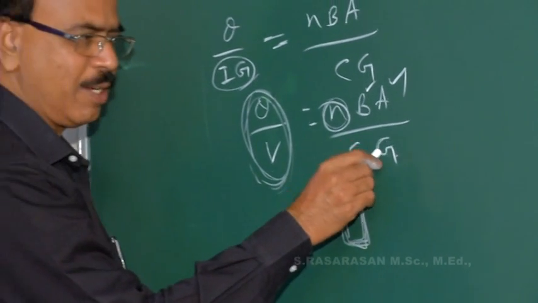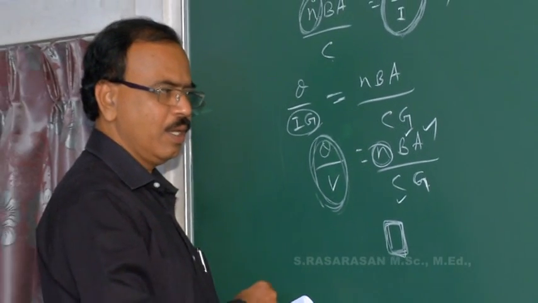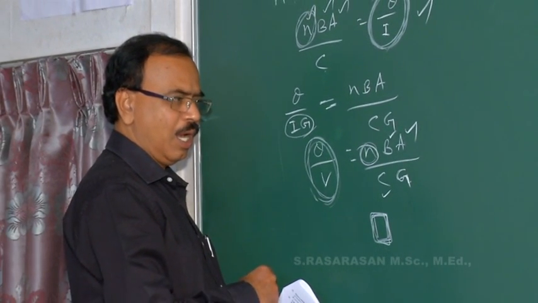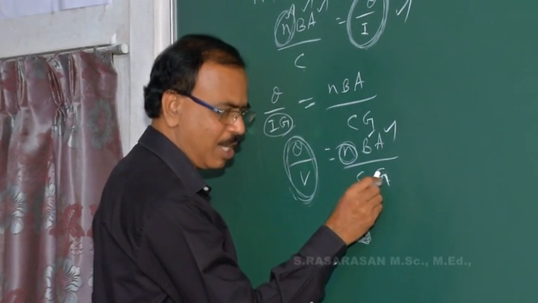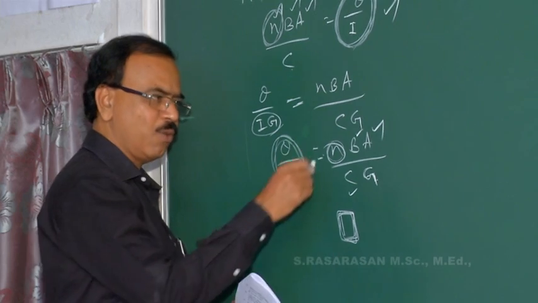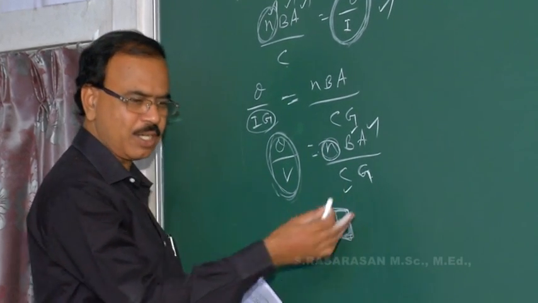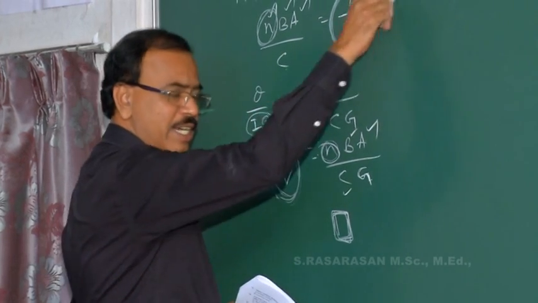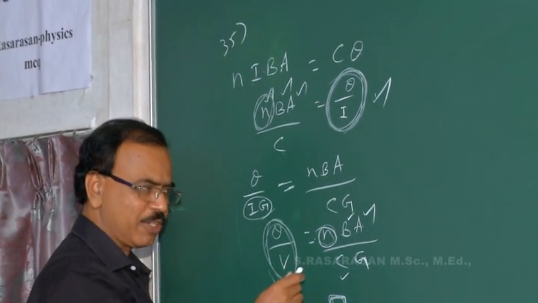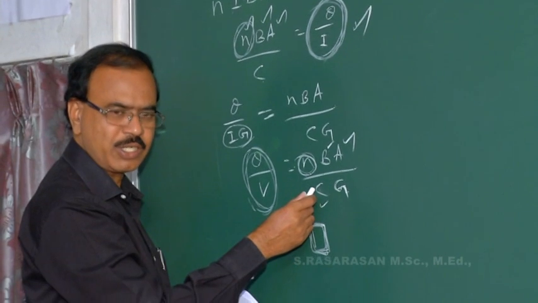Here G is available in the denominator, so the doubles cancel. If the number of turns doubles, the resistance doubles, so 2 by 2 cancels. If it becomes 4 times, 4 by 4 cancels. So an increase in the number of turns can increase the current sensitivity but cannot increase the voltage sensitivity.